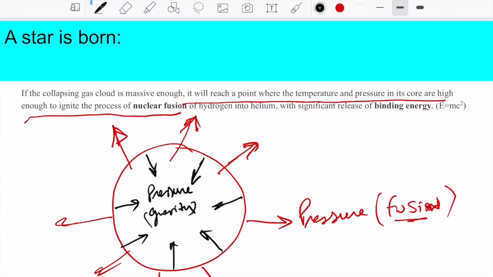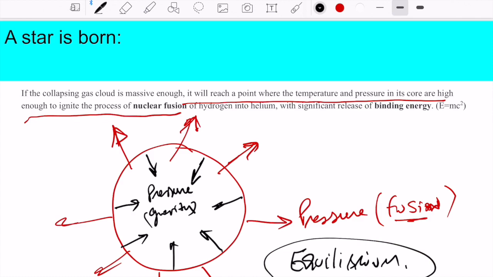And when the gravitational pressure and the pressure of fusion are in equilibrium, we say the star is in a stable state, probably in the main sequence, right? There is a state in which the star keeps its shape, it doesn't change much. And all this energy is coming out in the form of electromagnetic radiation.